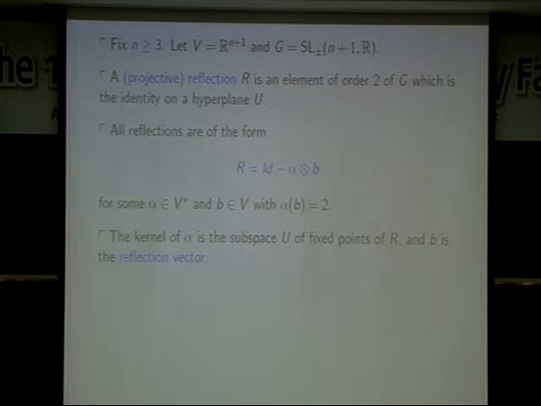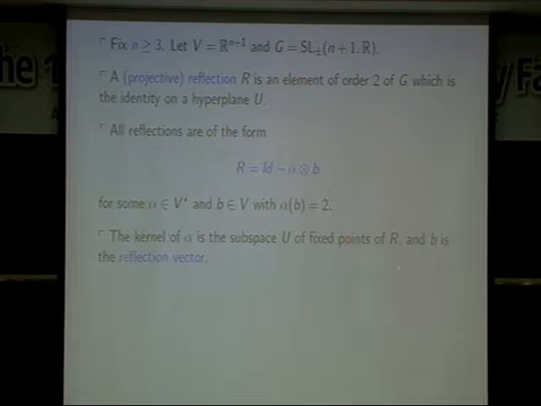So in this case we need two gadgets, alpha and b. Only if they satisfy this condition does this give a reflection R. The elements of the kernel of alpha are in fact fixed points of R, because if v is an element of the kernel, then Rv equals v minus 0, so a fixed point.